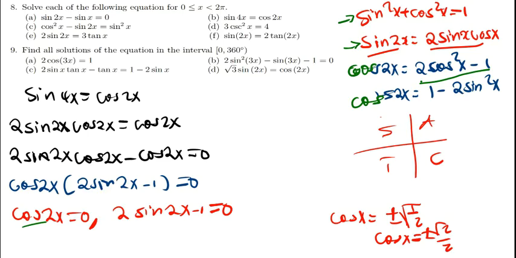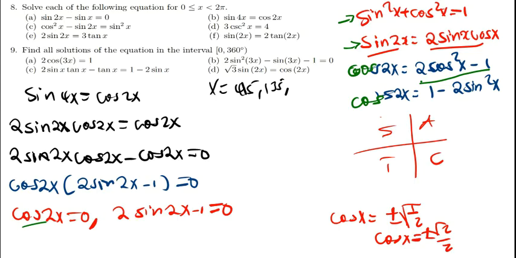So since we are saying that x is equal to 45, that is in the first quadrant. Second quadrant is 180 minus 45, which is 135.